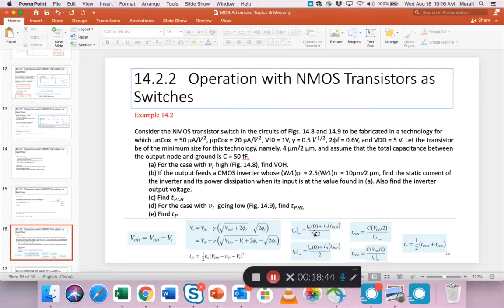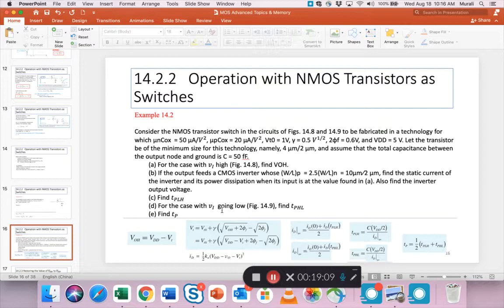So he walks you through that step by step. The two IDs are found first. Then the ID average is found as 425 microamps. Then the time at which this 425 microamps happens is found using that final formula to be 0.29 nanoseconds.